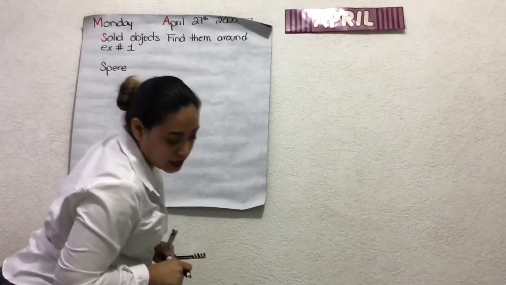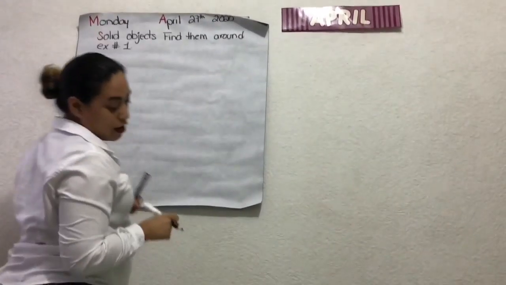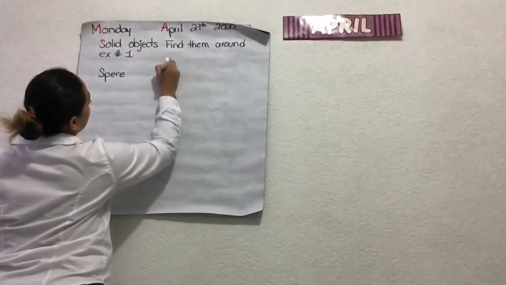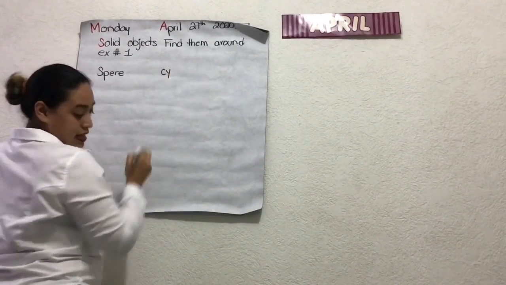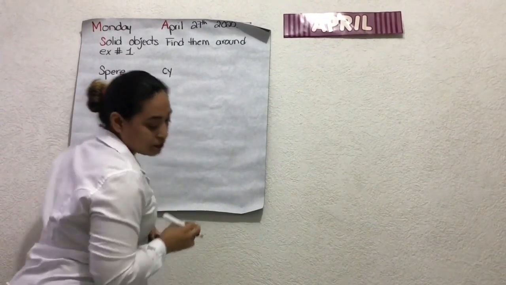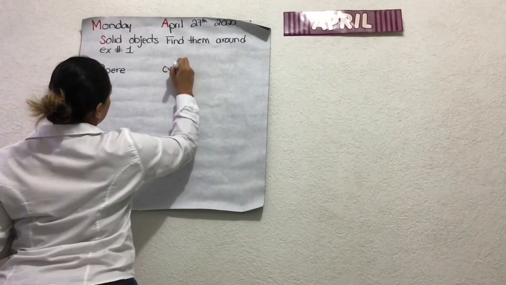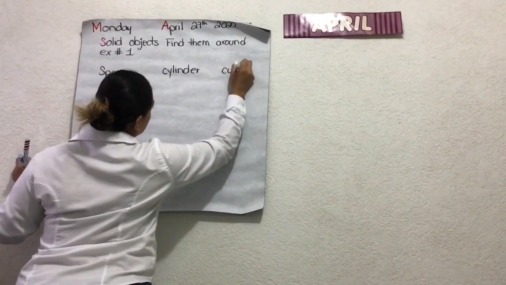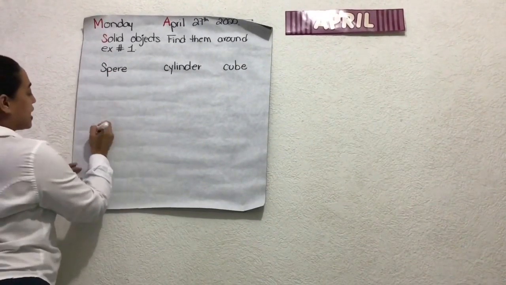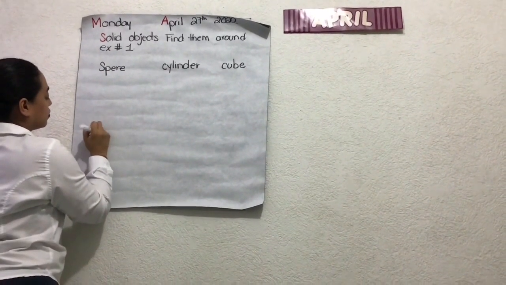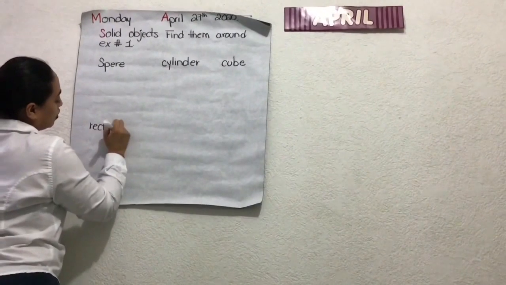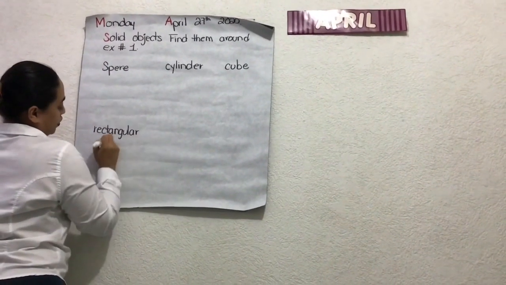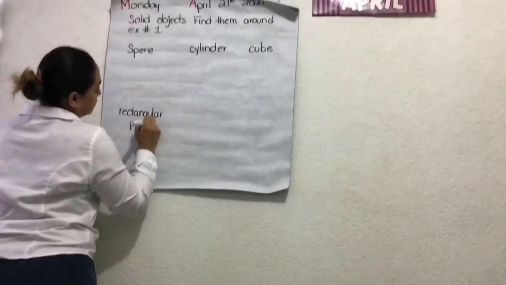Sphere. And I think, alright, the next one, it's going to be a cylinder. Then a cube. Then a rectangular prism.